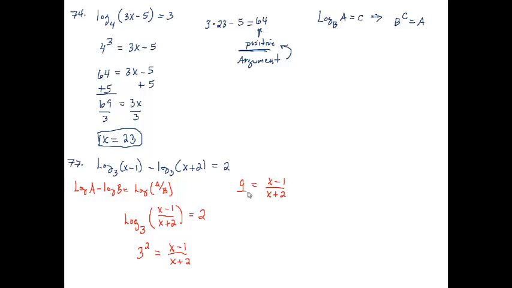Now you need to cross multiply. There's a 1 underneath here. And you end up with 9x plus 18 equals x minus 1. Subtract x on both sides. And you have 8x plus 18 equals negative 1.